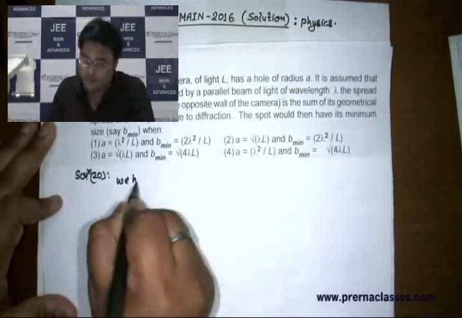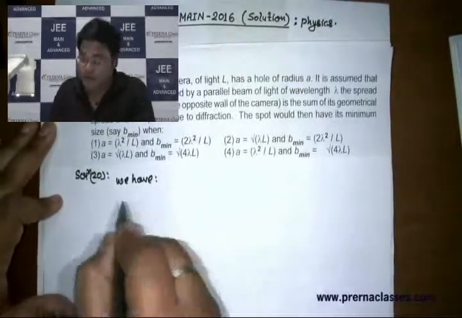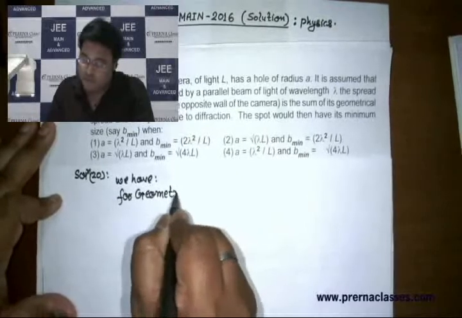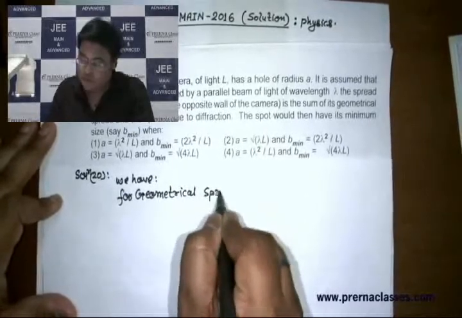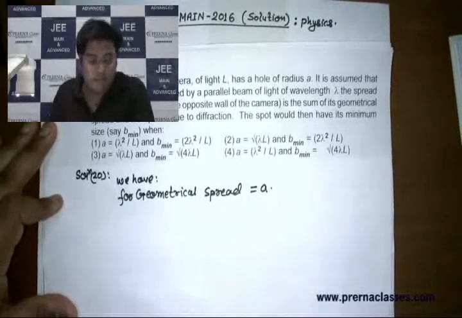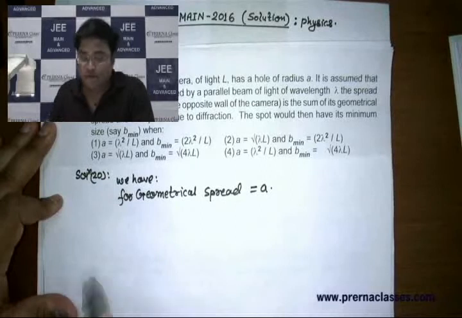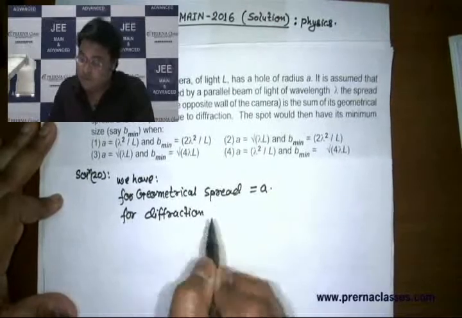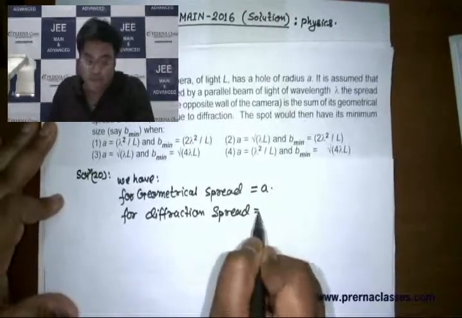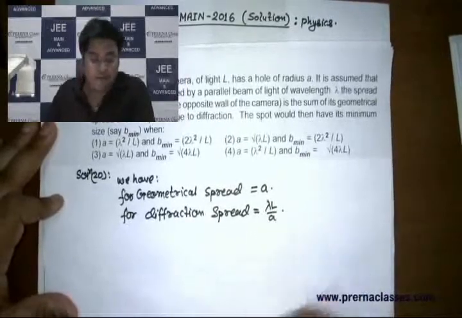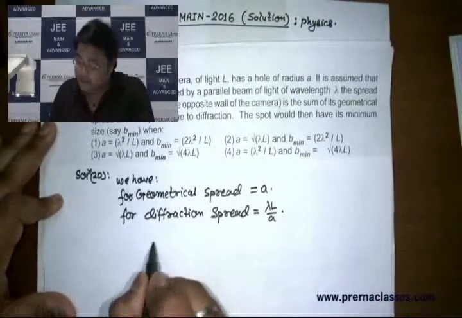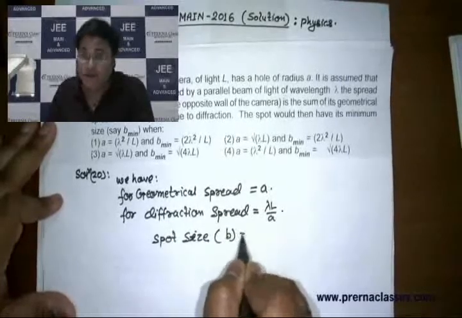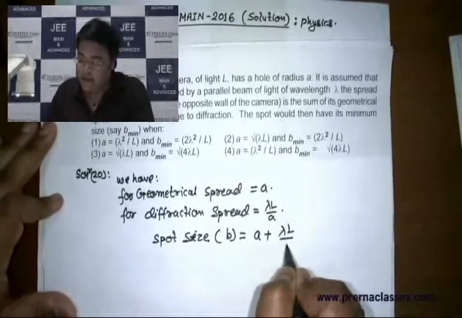We have for geometrical spread it is equal to a, and for diffraction spread it is equal to lambda L by a, and the spot size b is equal to a plus lambda L by a.